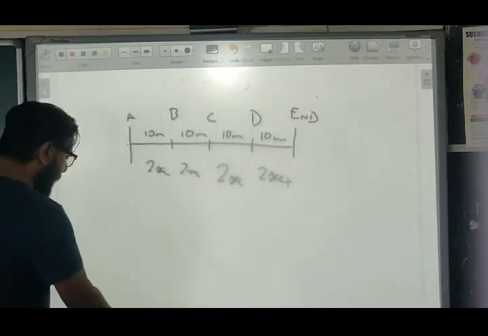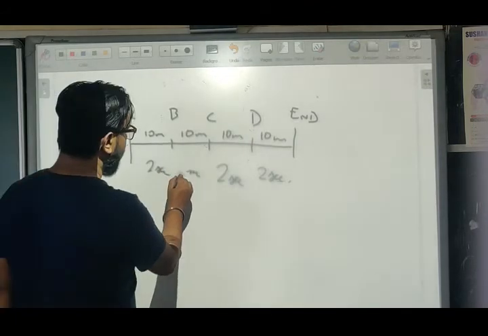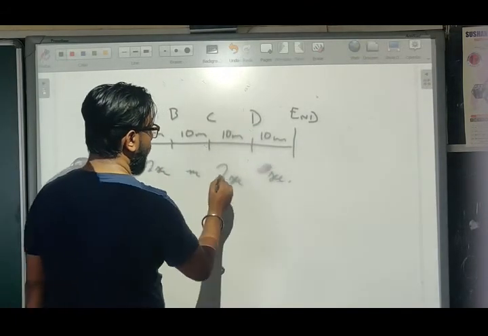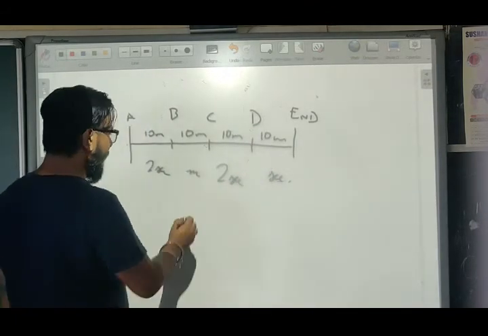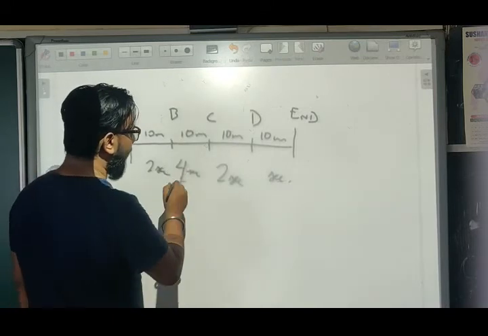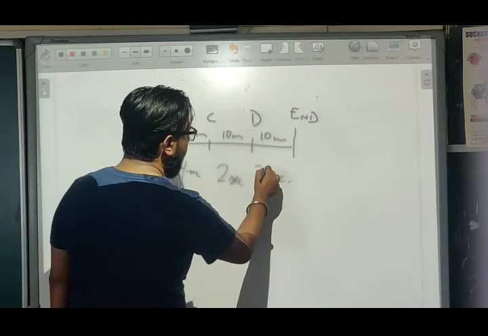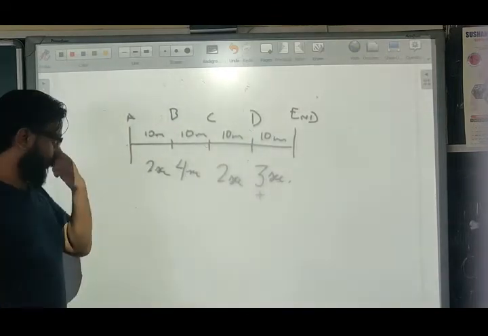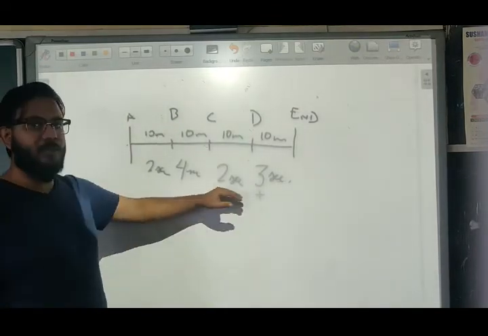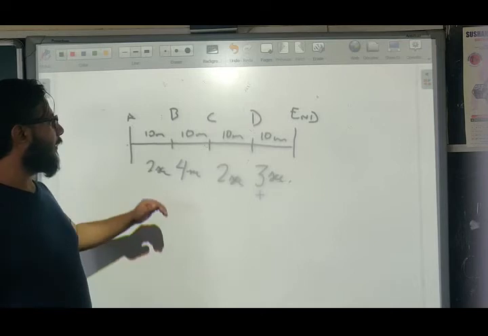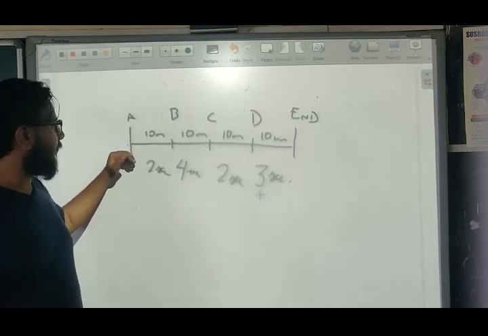Okay? But let's say it takes 4 seconds for the second one and 3 seconds for the last one. The time period is changing, so the speed is decreasing, right?